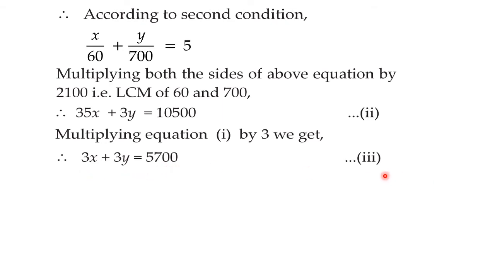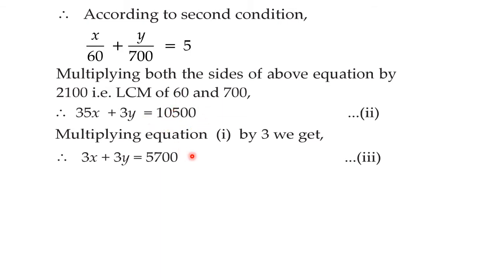This is equation number 3. Now you can observe that here you have plus 3y and here you have plus 3y. The signs are the same, which means you have to go for subtraction. While subtracting, take care that the bigger number comes up.